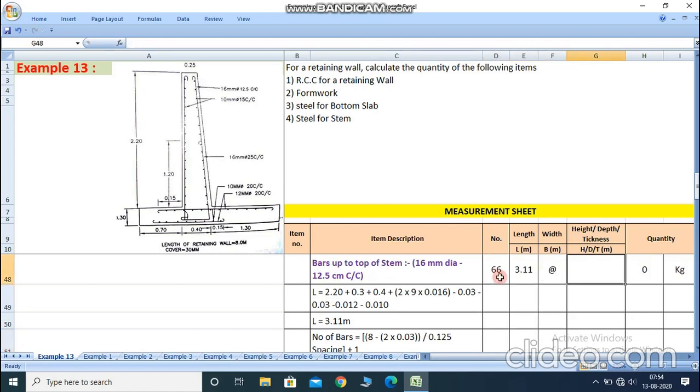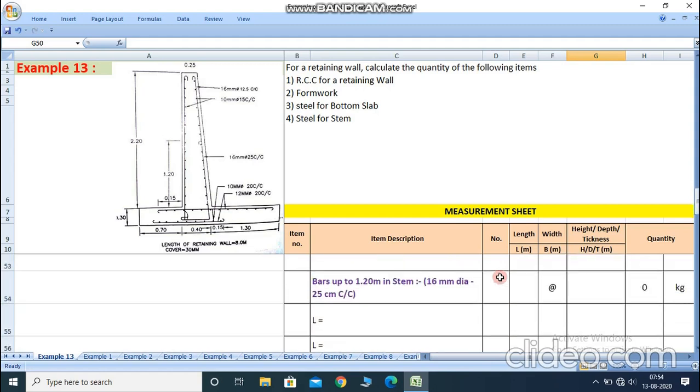Then, the weight per meter length of the 16 mm diameter bar is 1.58, which we calculate from the d square divided by 162 equation. So the total weight of the bar is 324.31 kg.